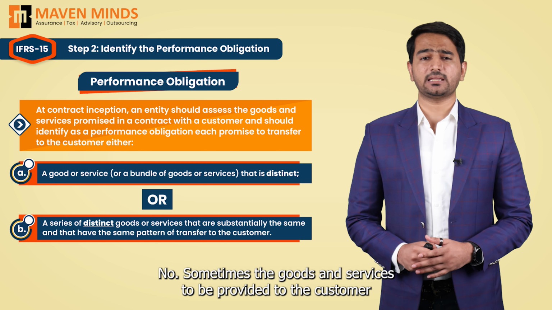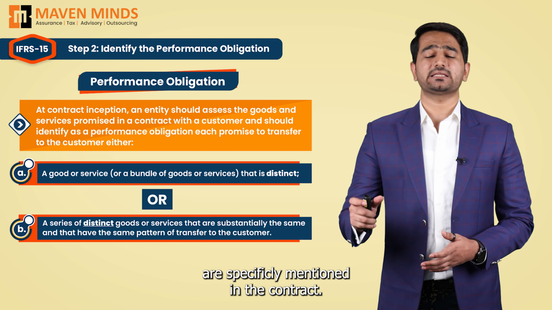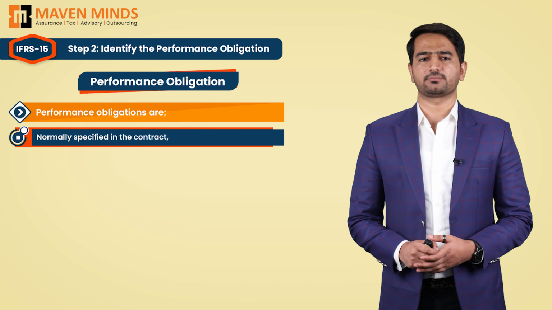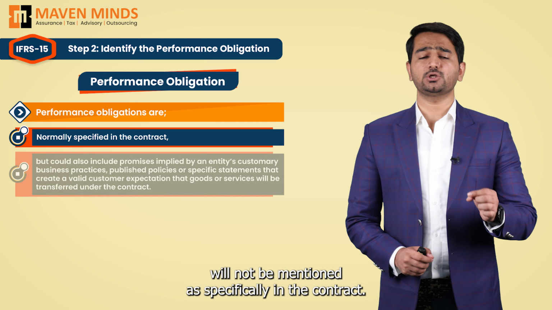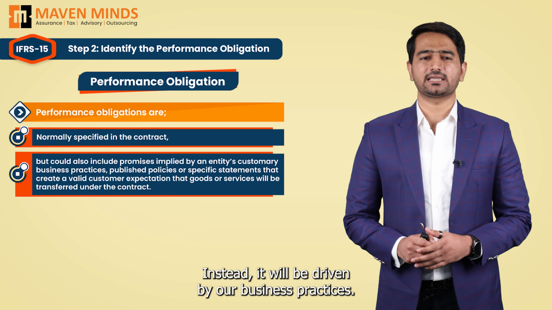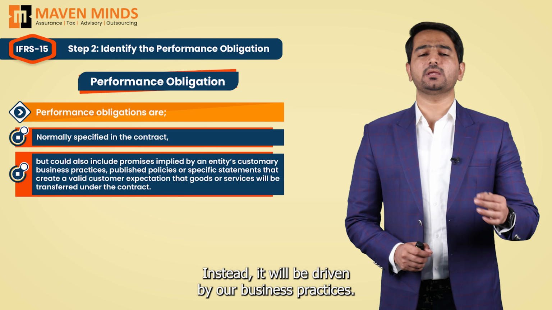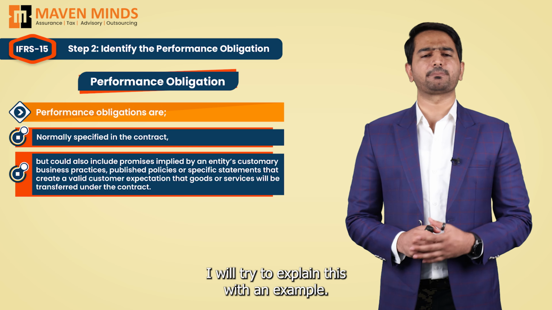Now, sometimes the goods and service to be provided to the customer are specifically mentioned in the contract. However, at times goods and services will not be mentioned specifically in the contract. Instead, it will be driven by our business practices. I will try to explain this with an example.